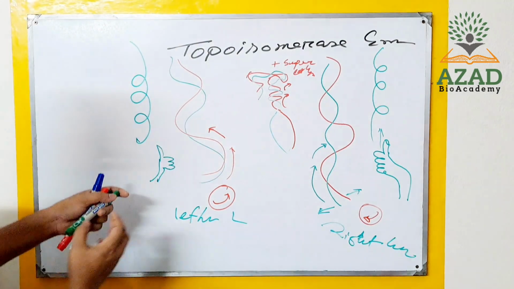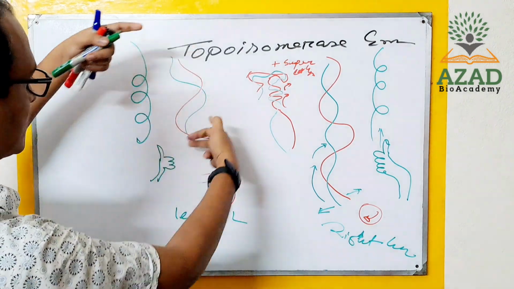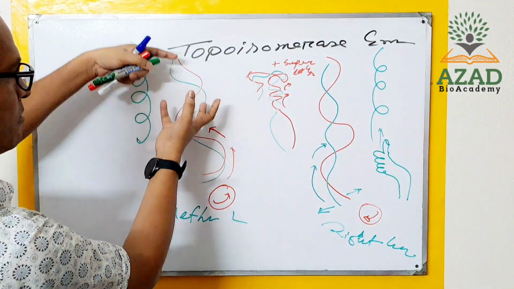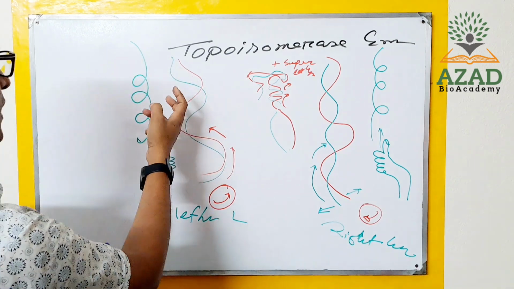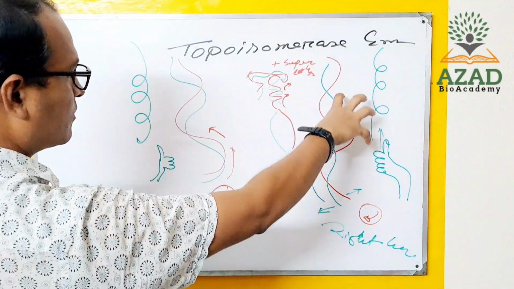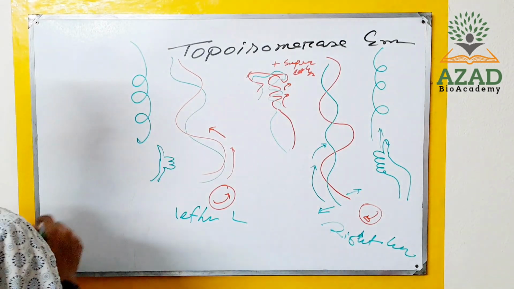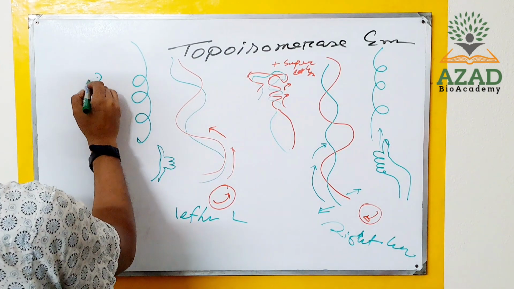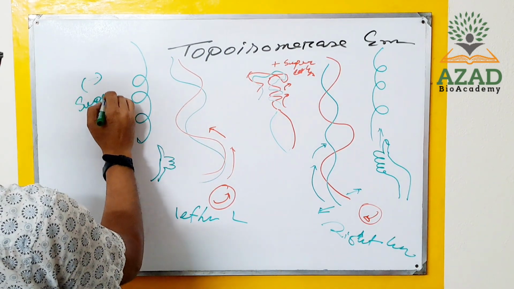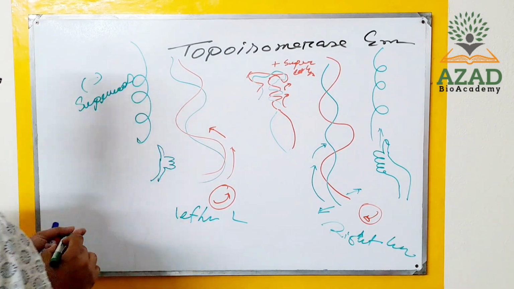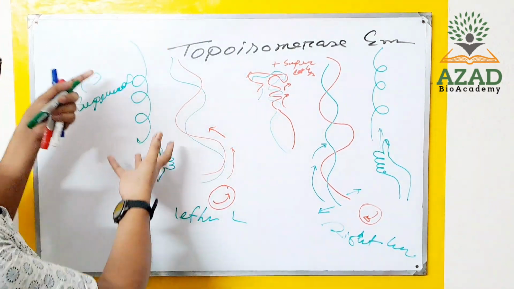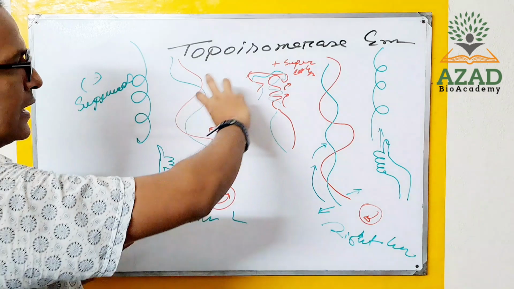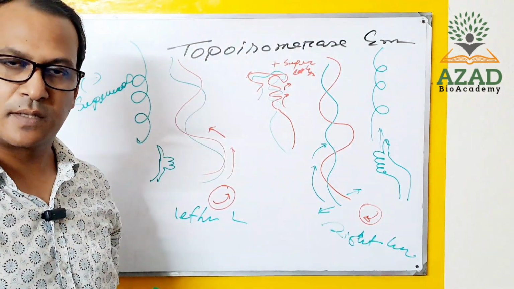Okay, so when you unwind it, and if the twisting or compactness or the coiling happens more and more in the opposite direction of normal DNA, then you can say that would be the negative supercoiling. Both are problematic. Excessive negative supercoiling is also problematic, and positive supercoiling is also problematic.